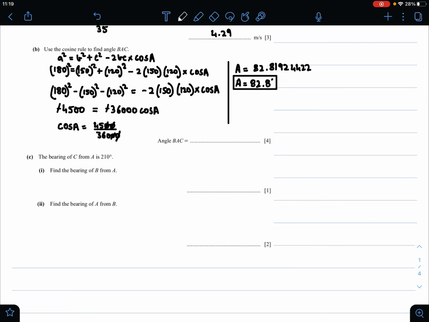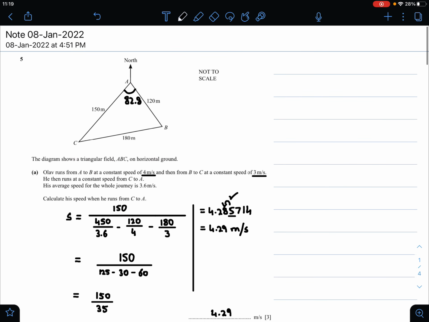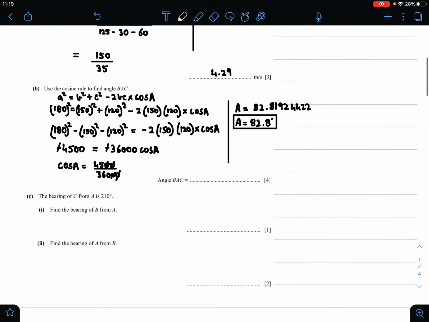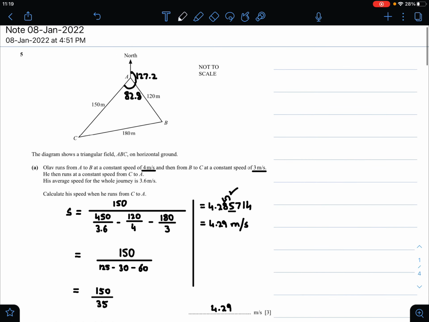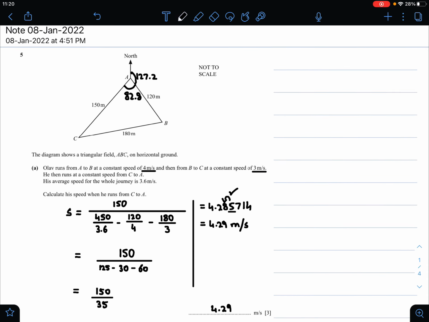So for part C1, they are telling us that the bearing of C from A is 210 degrees. So 210 degrees minus 82.8 would be the remaining part of this angle, which is 127.2 degrees. This is because they are telling us the bearing of C from A. So from A, as they've already drawn a line upwards, from that line we have to move clockwise.